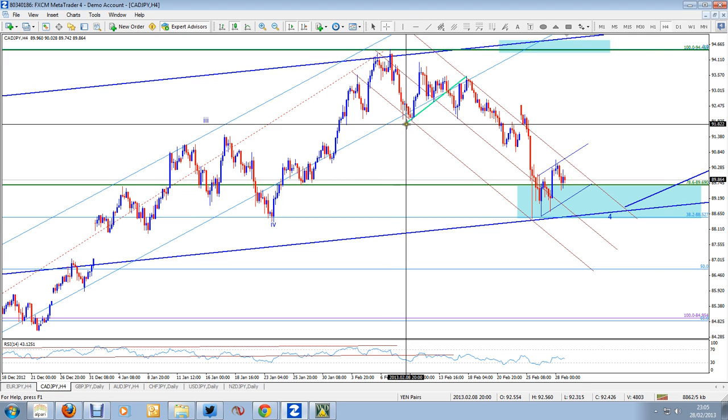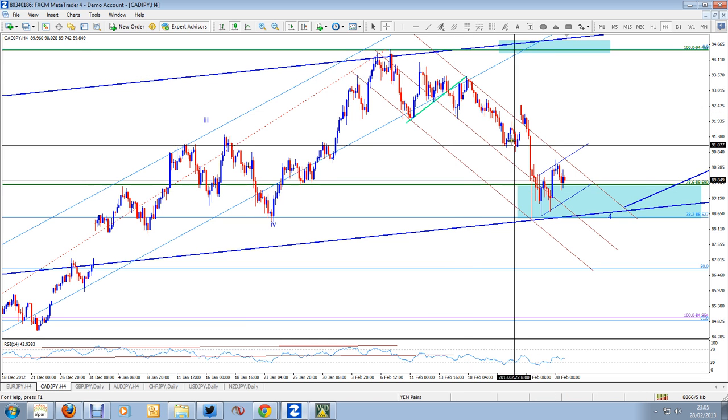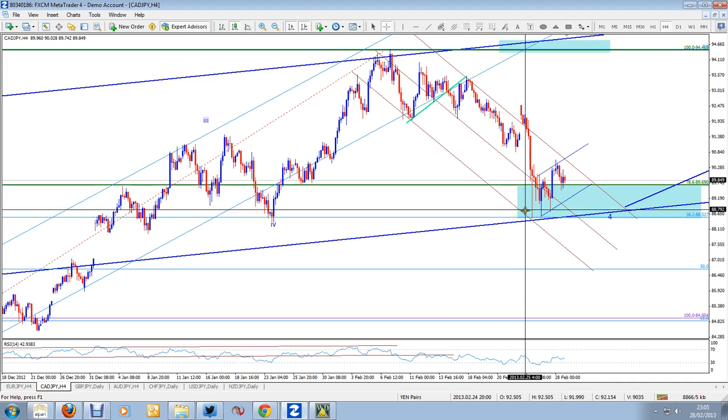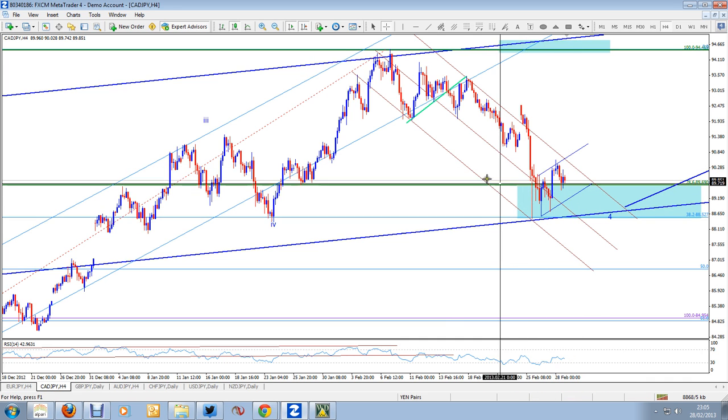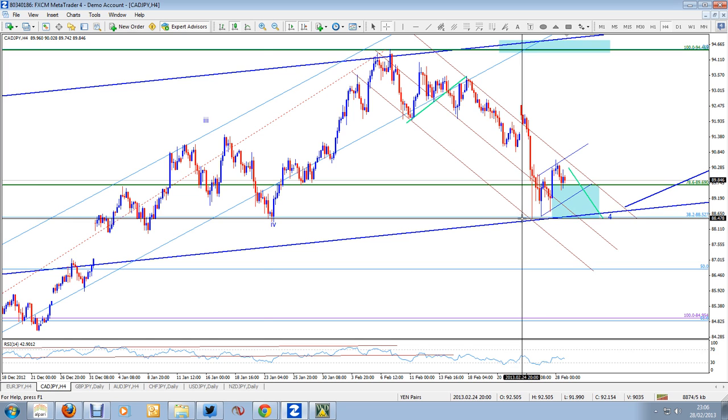So wave A down, then A, B and C to give us wave B, and then this one is more like 1, 2, 3, currently consolidating 4, and then final leg down to complete that wave 5. Okay, so in that case this one could be dropping at least back to the retest of that low here around 88.5 for the CAD yen.